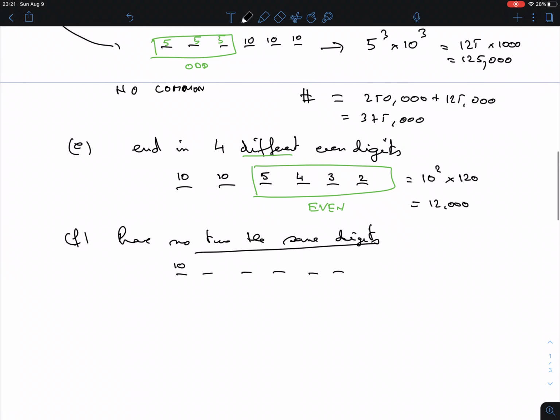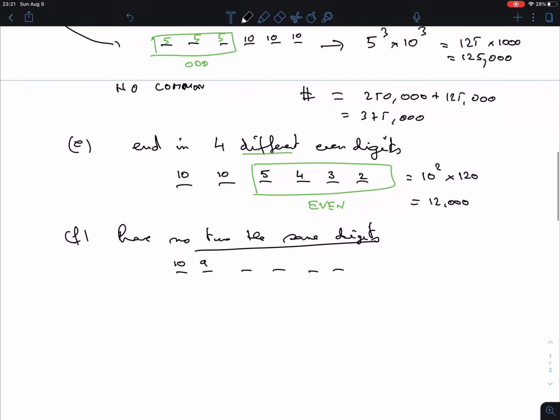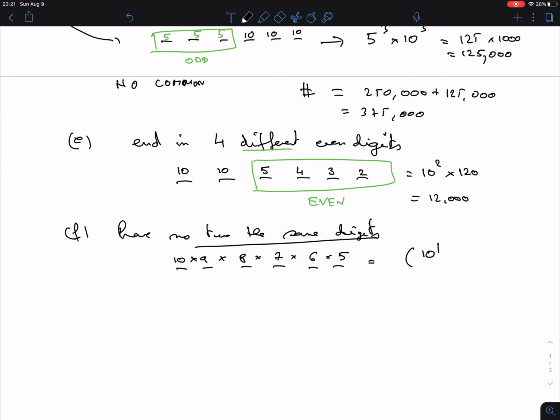So this has to be 9, this has to be 8, 7, 6, and 5. I'm not even going to write it up. I'm going to just multiply it out like that. In the video I told you this number is represented as 10 factorial over 4 factorial. See, it's the product of all the numbers from 1 to 10 except for the first 4. So that's why I divided out again.